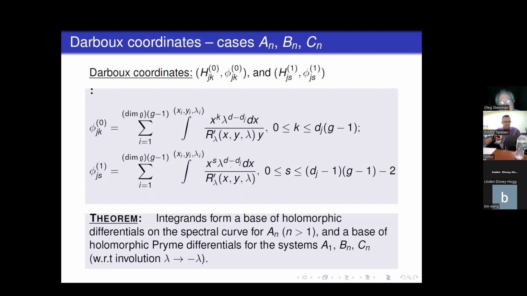Yes. No, it's Prym with respect to lambda, not with respect to y. Yeah. So what is the interpretation? Do you have an intuition for why? Sorry, again, I don't understand the question.